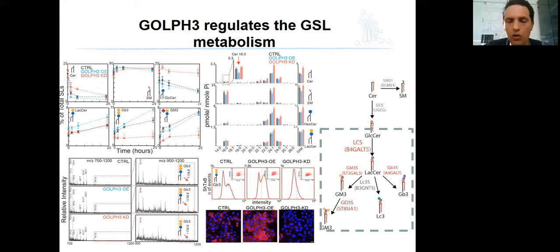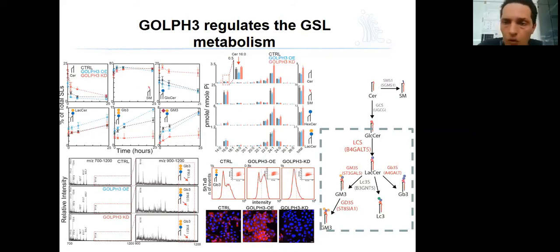And then we also monitored, using Shiga and cholera toxin, the levels of GB3 and GM1 using immunofluorescence as well as FACS analysis. All these results together suggest that upon GOLPH3 knockdown, since we lose the enzyme, we have an increase of ceramide and glucosylceramide, while the glycosphingolipids downstream of glucosylceramide are lost; they decrease.